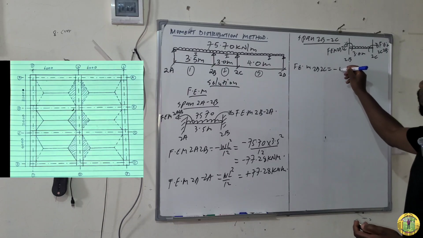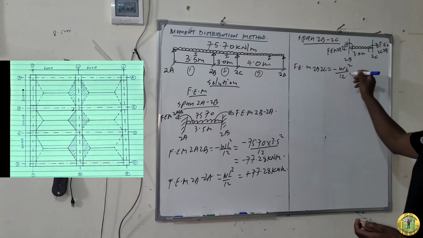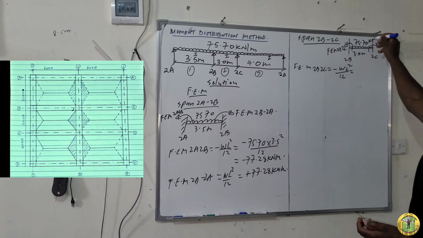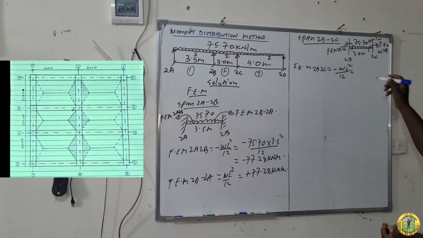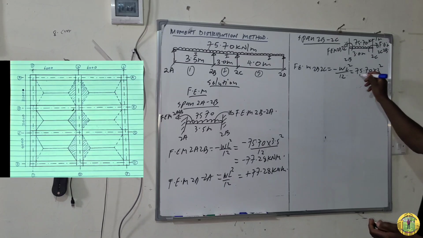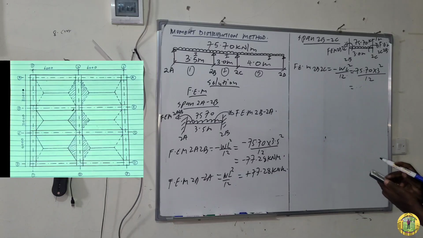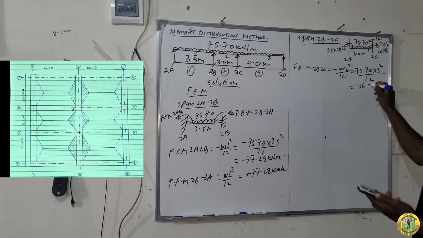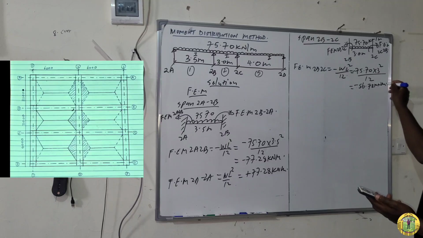So minus WL square all over 12. W is 75.70 kilonewton per meter, so 75.70 times 3 square all over 12. Remember, it's negative. So this gives us negative 56.78 kilonewton meter.